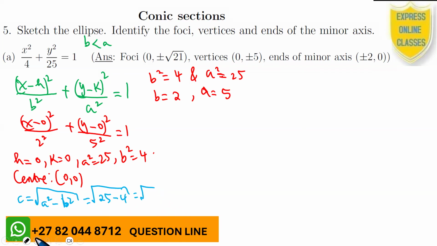Which is going to be exactly 21. So c becomes the square root of 21. This c is going to give us the 2 foci. Okay, the foci depend on the center.